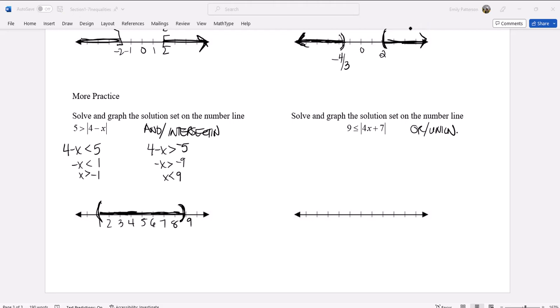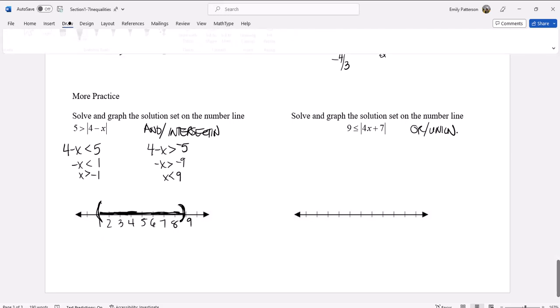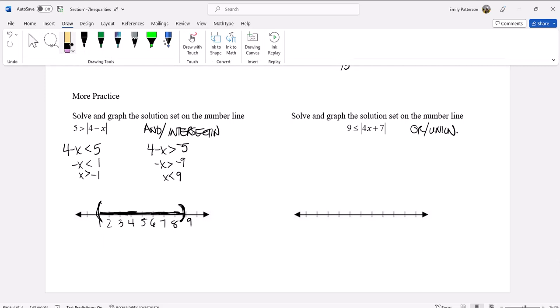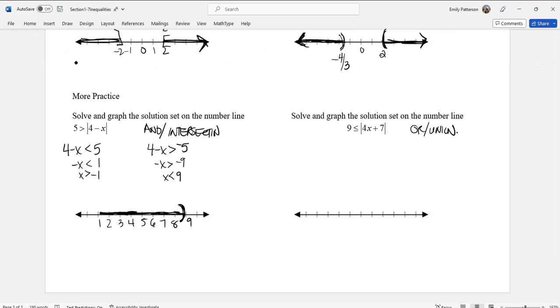This first one was the intersection, so it's going between -1 and 9. Which I have to extend the number line here.